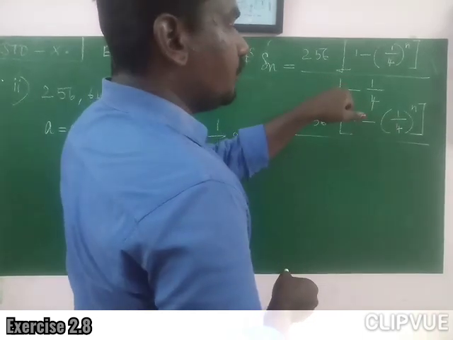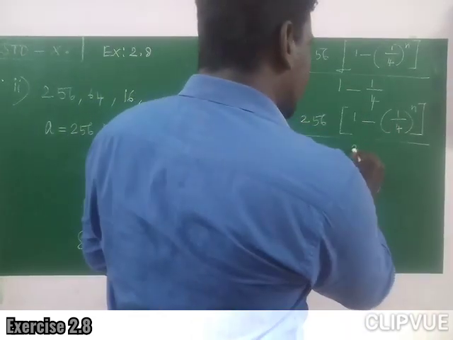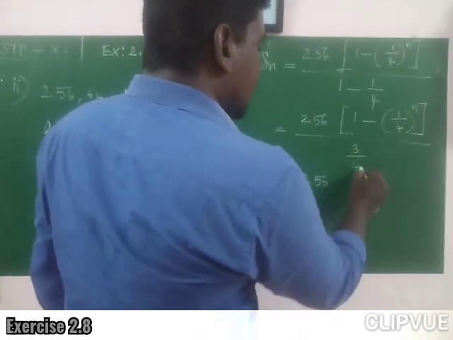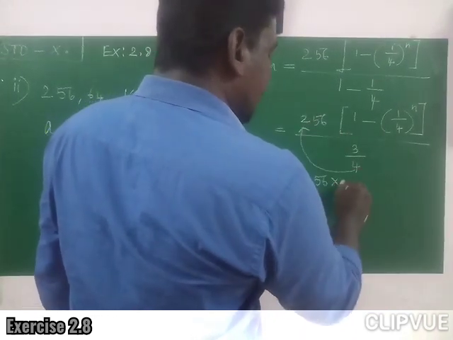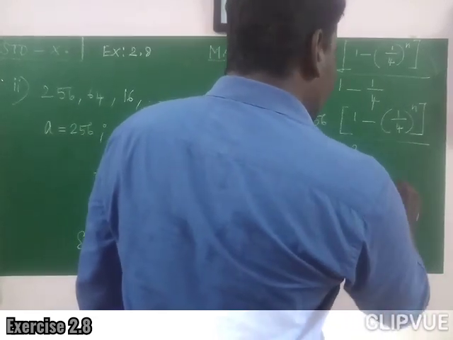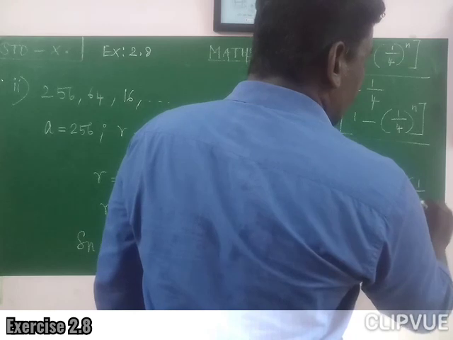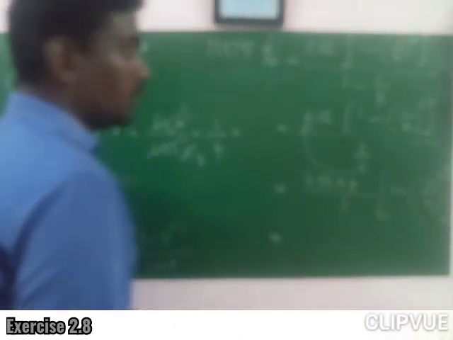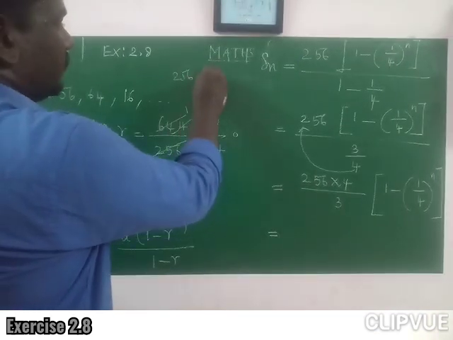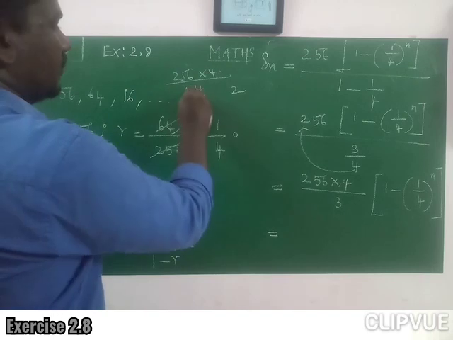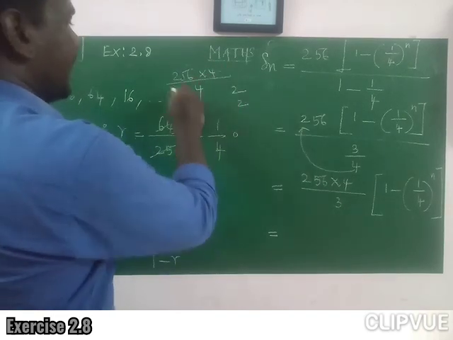It can be simplified. How? 4 into 1 is 4, 4 minus 1 is 3. So 3 by 4. So 256 into 4 becomes the numerator. 256 into 4 divided by 3 of 1 minus 1 by 4 whole power n. 256 into 4: 4 6s are 24, remaining 2, 4 5s are 20, 22, remaining 2, 4 2s are 8, 10.